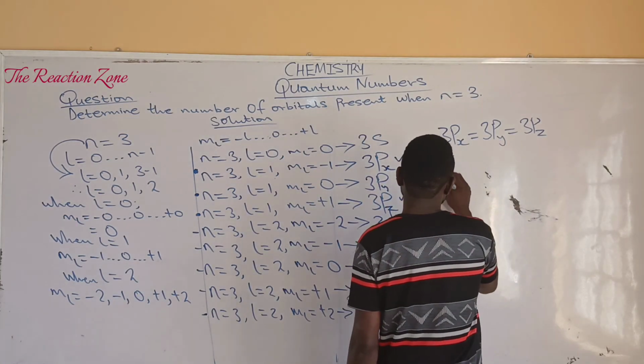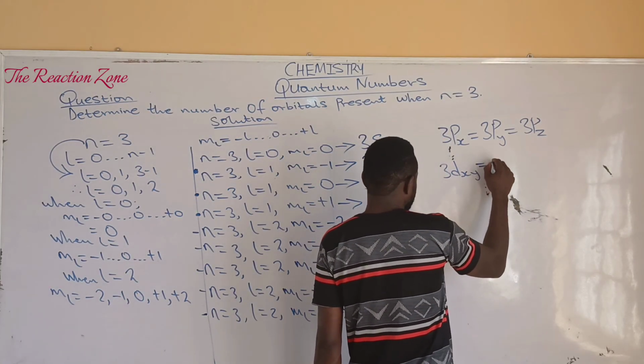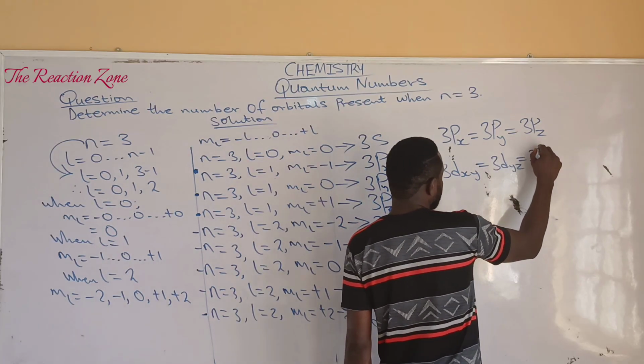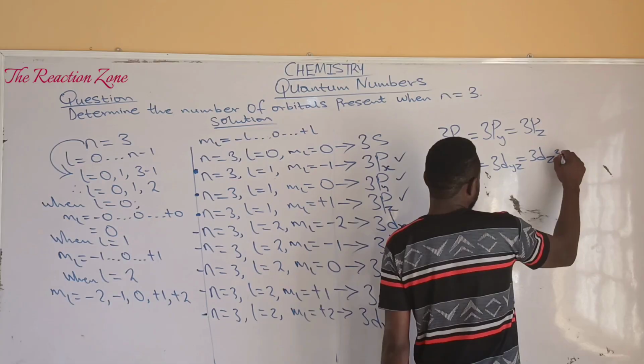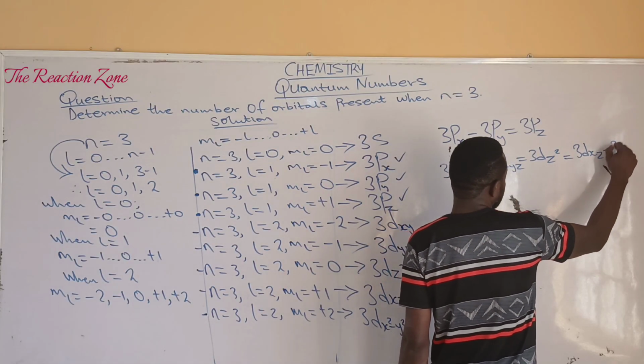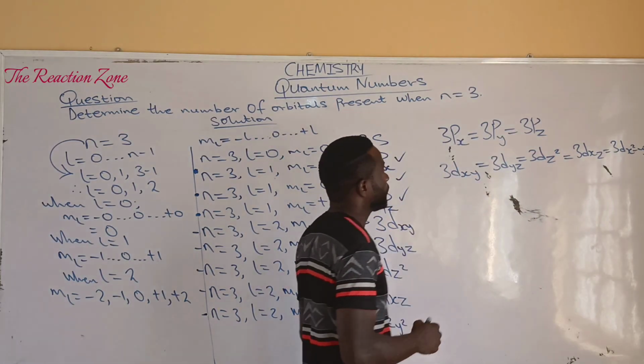So the 3dxy orbital is equal to the 3dyz orbital, is equal to the 3dz squared, equal to the 3dxz, which is equal to the 3dx squared minus y squared.